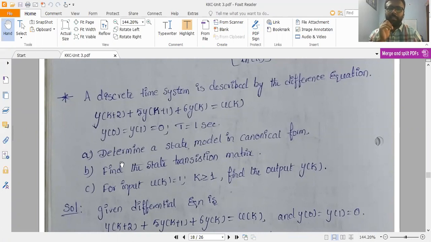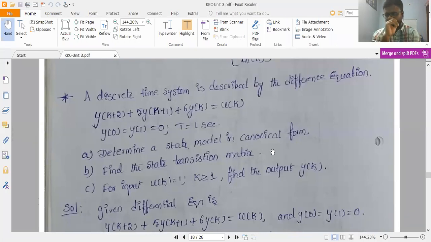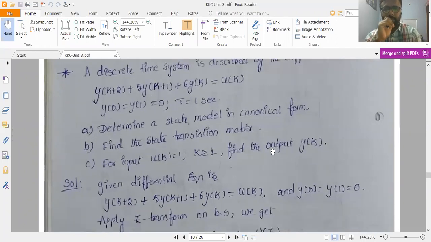And after that, you have to calculate the output for that particular input. Okay, simple one. And this kind of problem is asked for 7 marks. So try to solve this particular question.